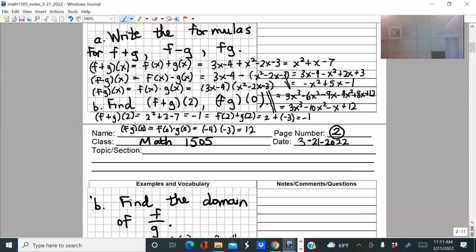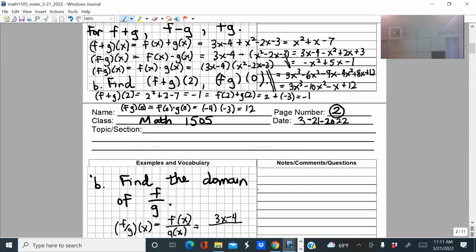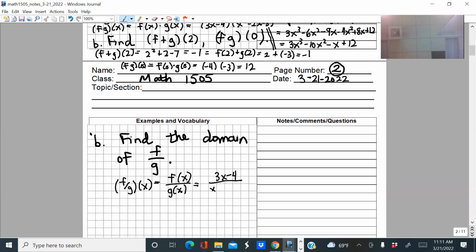And the formula for g is x squared minus 2x minus 3. So there's the formula for my function f over g. That's a little bit messier function, but all I want to know is what's its domain.